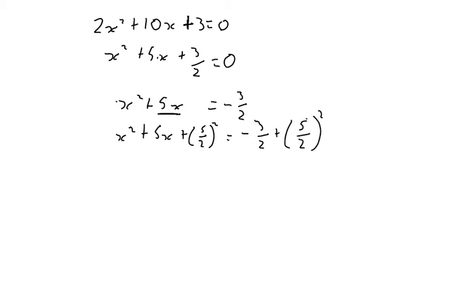We're adding 5 over 2 squared to both sides, because technically if we move everything back to the left hand side, it equals 0.